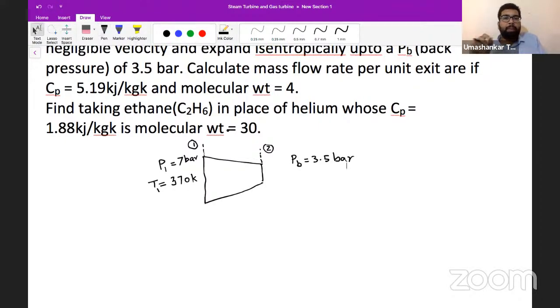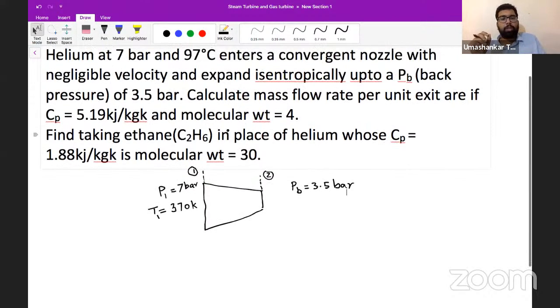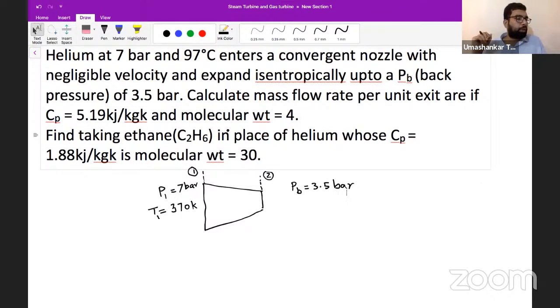So we have a back pressure and we have an inlet pressure. How must we approach this question? Firstly, we should check whether our convergent nozzle can achieve this back pressure or not.